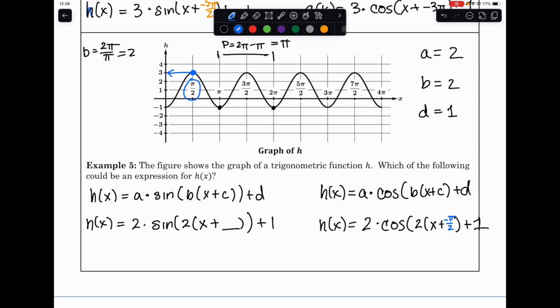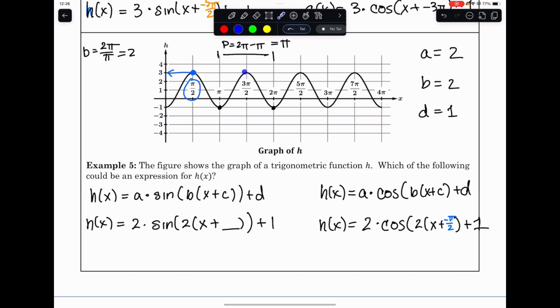So that's what I like to do instead, okay? Instead of thinking from the original, I like to look at the phase shift and how many units I would have to move it to the left or to the right to get back to the y-axis. So I would have to move it to the left, so negative pi over 2 units, okay?